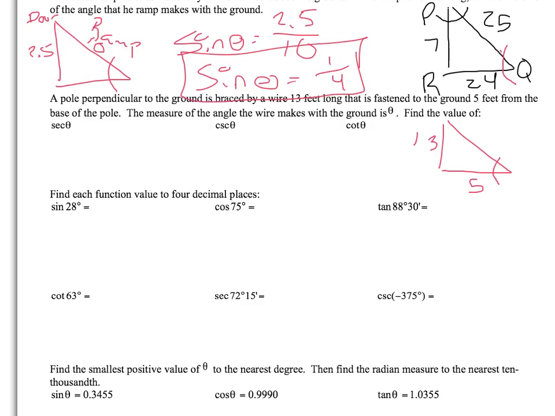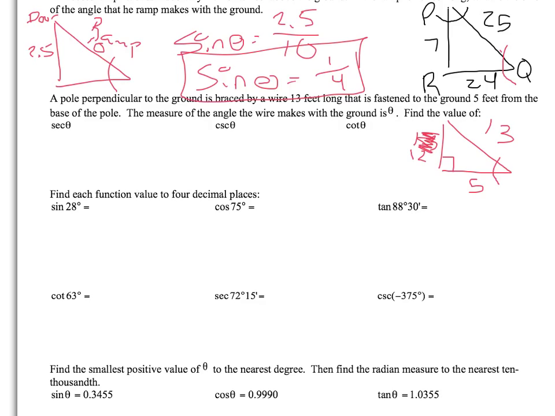We want to find the value of the following. Well, oops, I'm sorry, I read the question wrong. This wire is 13 feet long. It will help us to solve these if we could find the third side of the triangle. You could use your Pythagorean theorem, which I'm not going to show at this point. You could also just know it's a triple. The triple is 5, 12, 13.